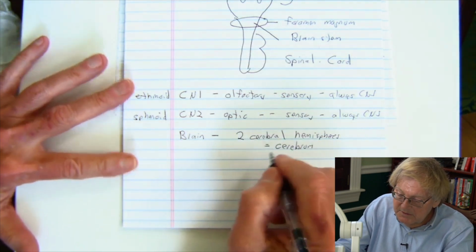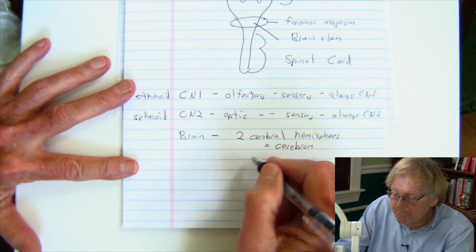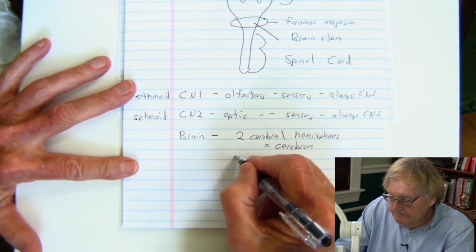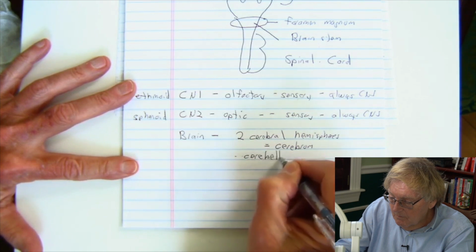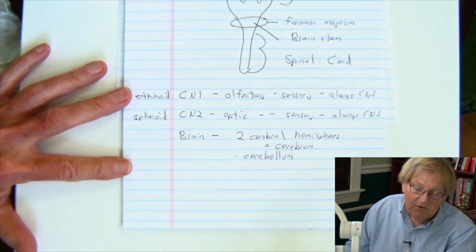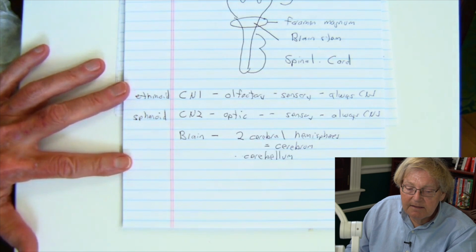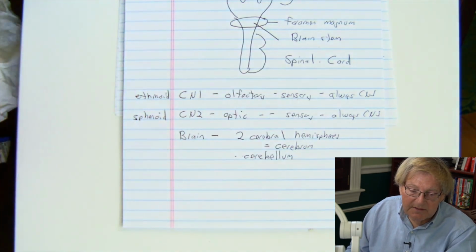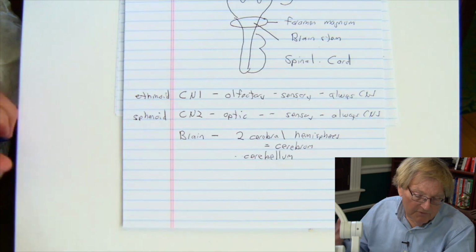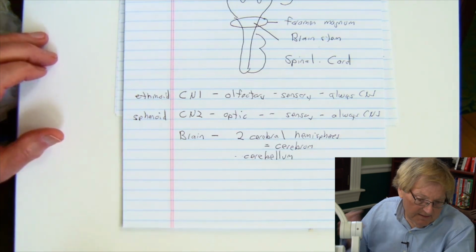It's also going to be comprised of the cerebellum. Sometimes that's called the little brain, and I'll draw that for you in a minute to show you where that really is located, towards the back of your head, somewhere by the occipital bone.